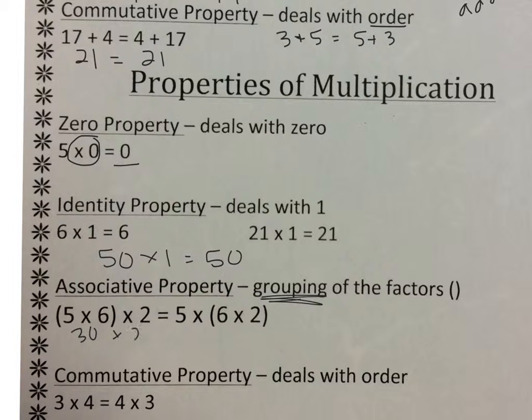And what's 30 times 2? 60. But here I did the 6 times 2 first because it's in parentheses, and we know parentheses is first in order of operations. 6 times 2 is 12, and 12 times 5 is also 60, proving that the associative property says that no matter how you group the factors, usually using parentheses, they still come out equal.